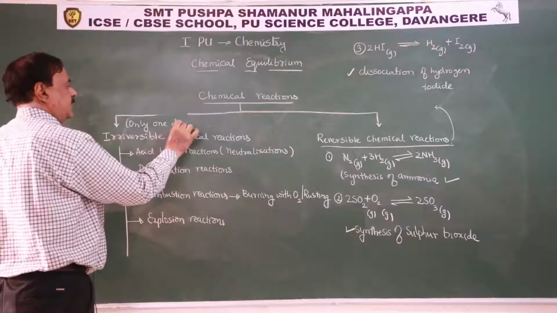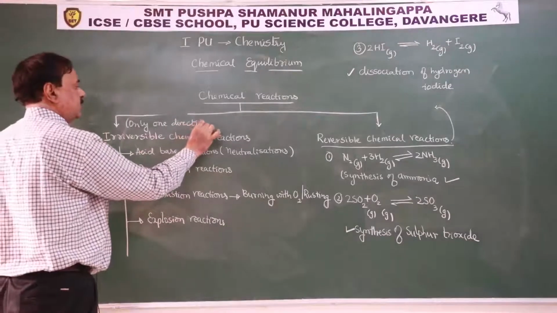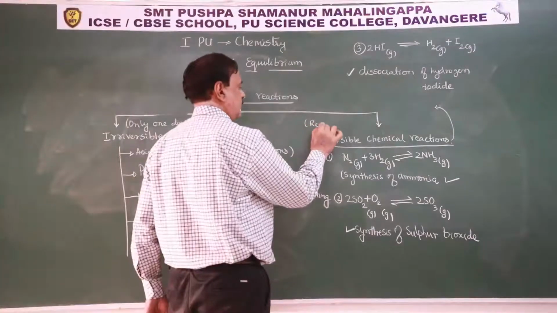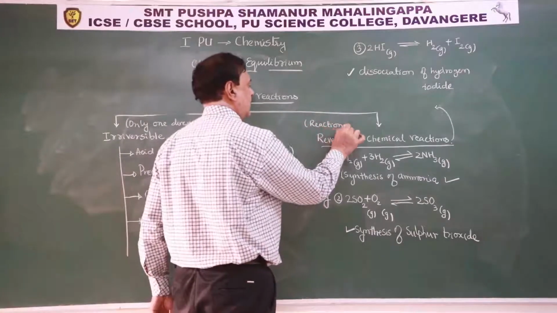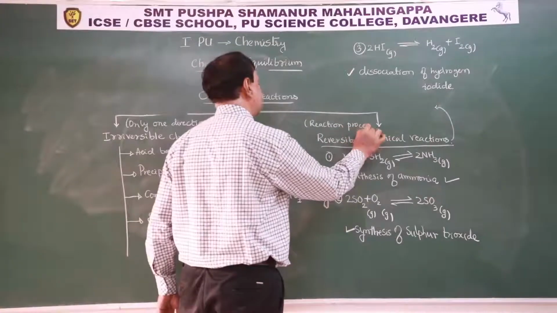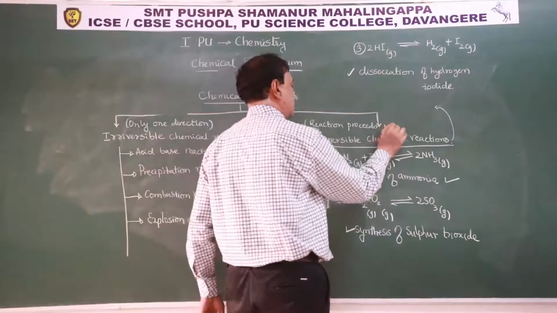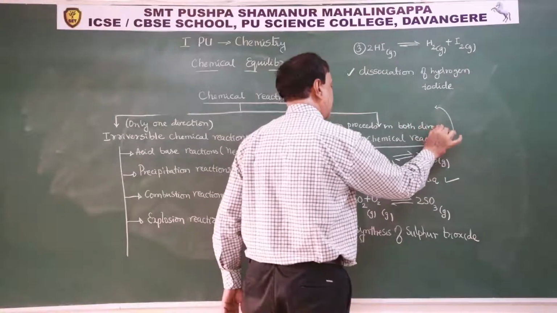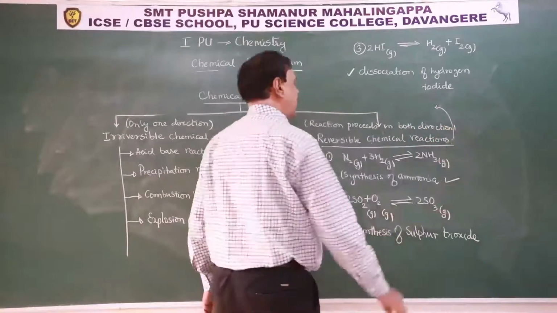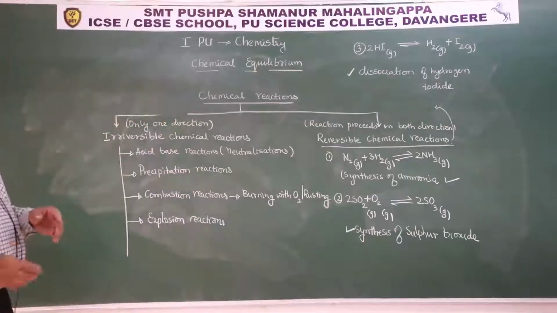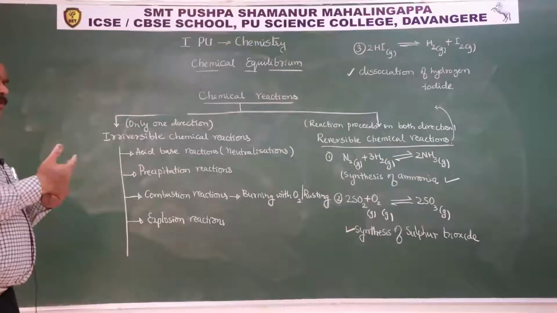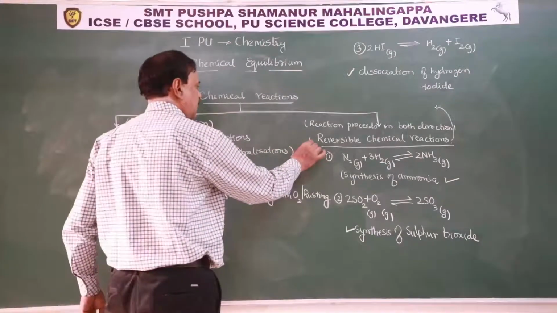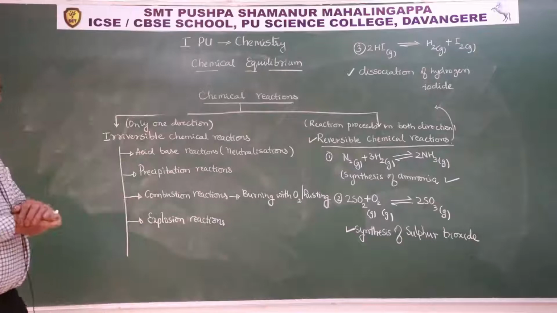Here the reaction proceeds in both directions, that means the forward reaction and the backward reaction. Such types of reactions are called reversible chemical reactions.